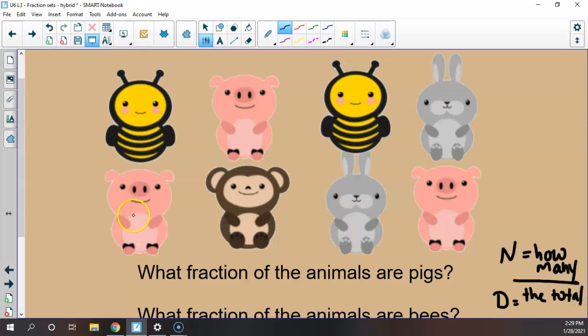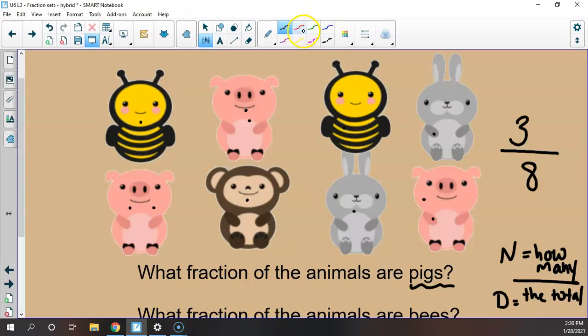So here we have a set of 1, 2, 3, 4, 5, 6, 7, 8 animals. So I know that the whole set has 8 animals. That's going to be my denominator. Now the question is asking what fraction of the animals are pigs? So I need to count how many pigs there are out of the total 8. So I count 1, 2, 3 pigs. That means that 3/8 of the animals are pigs.